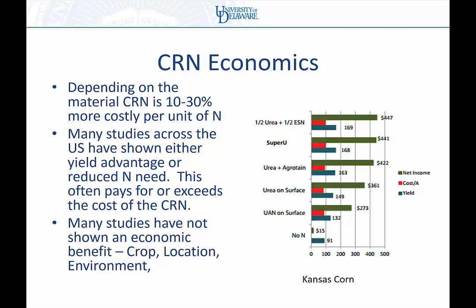So again, one of those things that we saw previously has to occur so you have an economic benefit. And do we always see an economic benefit with controlled release fertilizers? The answer is no. There are certain crops, certain circumstances, certain soils, and certain seasons where it works well.